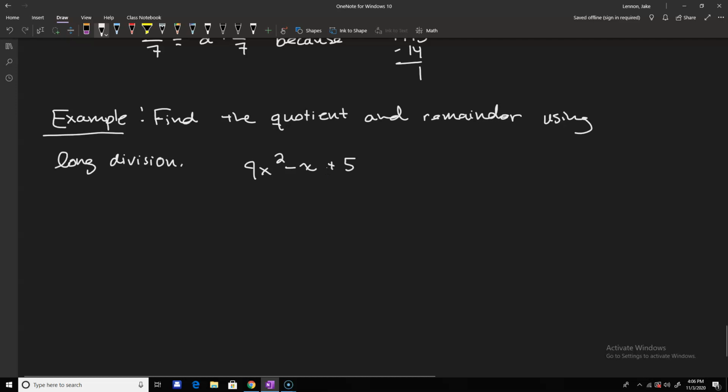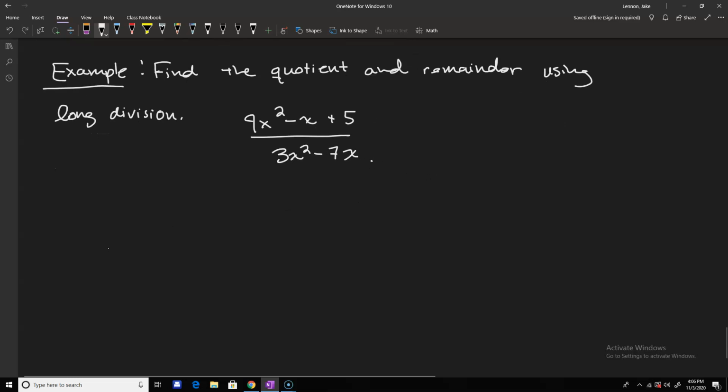Well, this is a very short example, it looks like, but we'll see what happens. There's really not much to this because the degrees match, so there's really only one step you can do. So maybe this wasn't the best example.